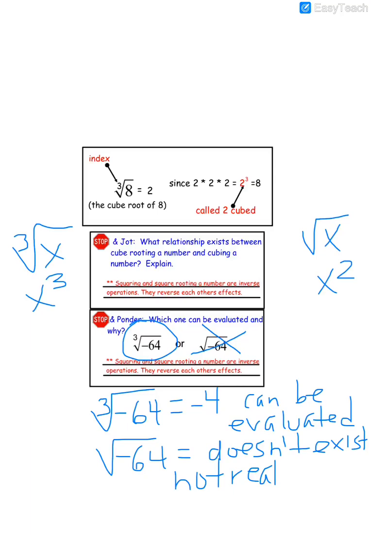No number times itself equals negative 64. When you're in 10th grade in Algebra 2, you'll learn about imaginary numbers and how to take the square root of a negative number. But as of this moment, with what you know now, the answer is that it is not real, and no number times itself is equal to negative 64.